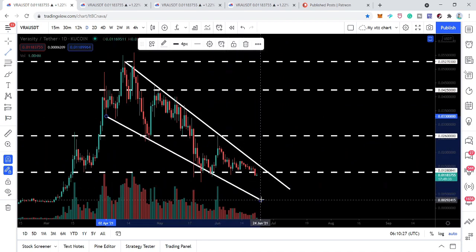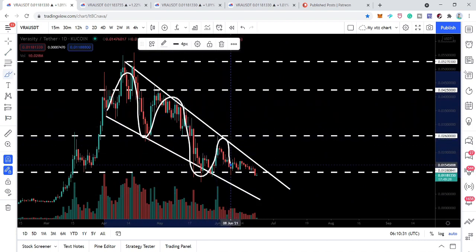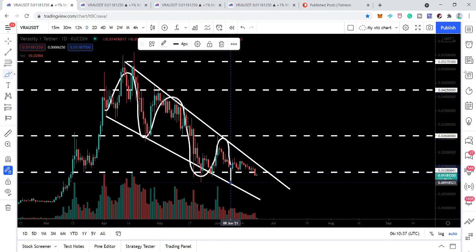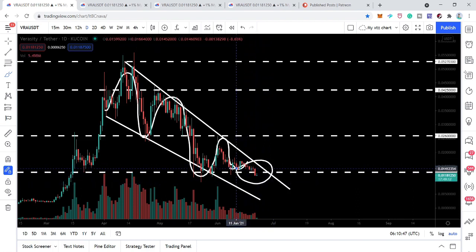You can see that the price action is moving very well between the resistance and the support of this falling wedge. But here the price action did not move to this support, and from here it reversed to the upside, and so far it has not touched the resistance either. And now we also have this support. Therefore, there is a possibility that the price action will move up.